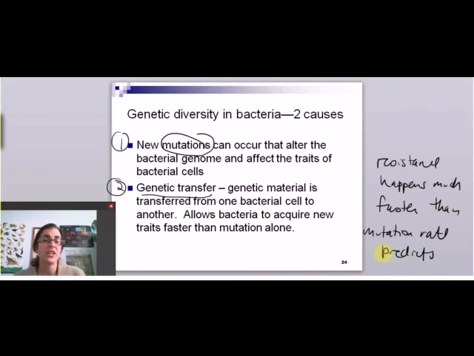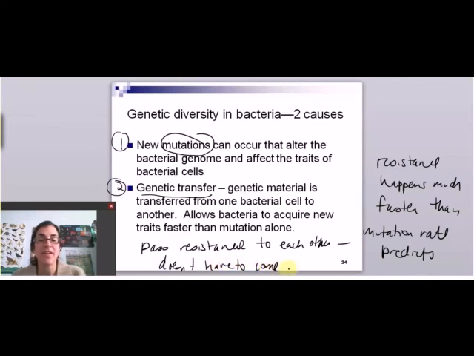And eventually, scientists realized that the reason why they got resistant so much faster was that bacterial cells can pass resistance to each other. So they don't have to get it from a new mutation. So that means it'll happen faster. And that was really important to understanding in the medical field what was happening with antibiotic resistance.